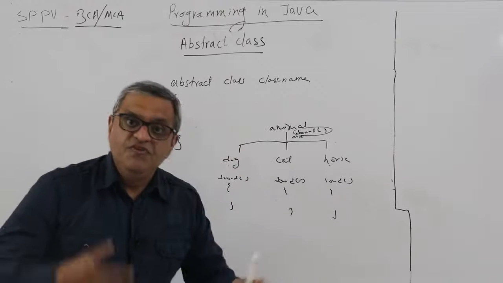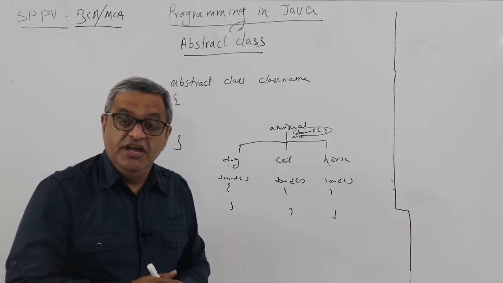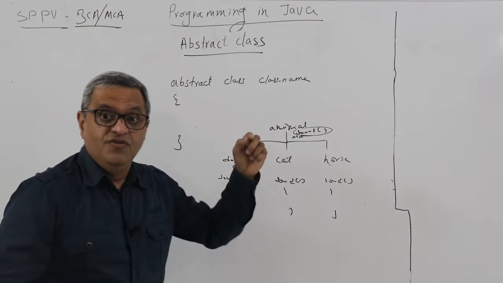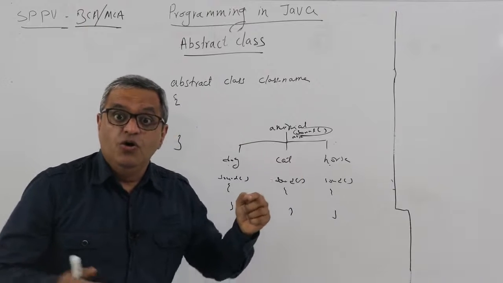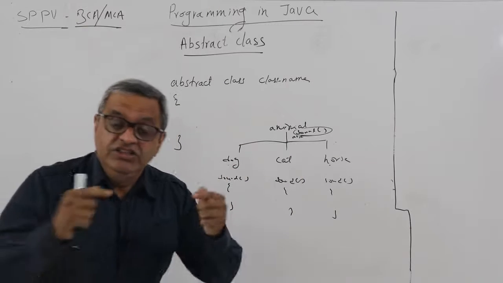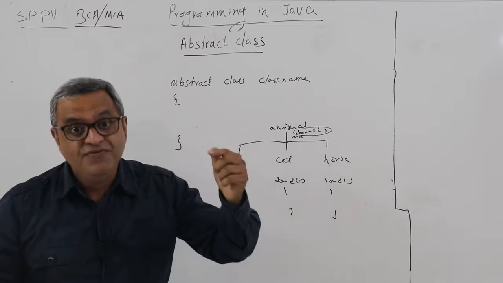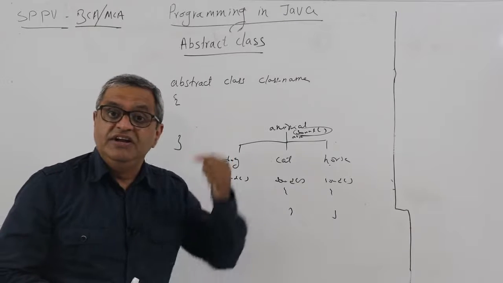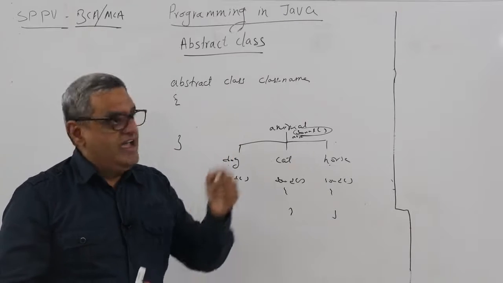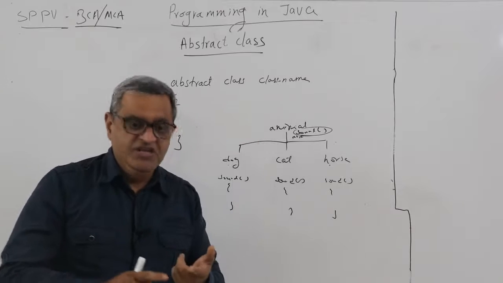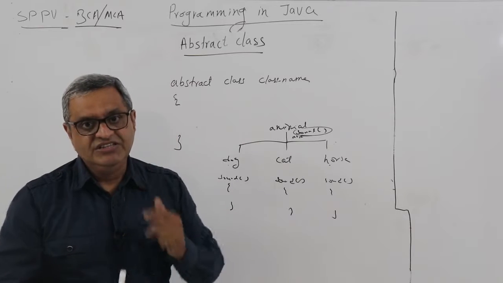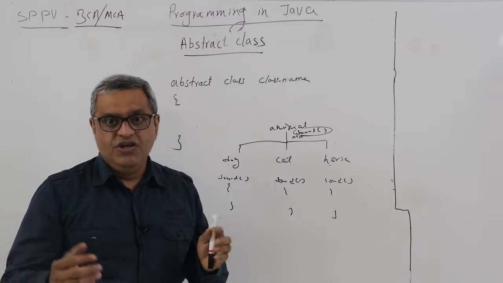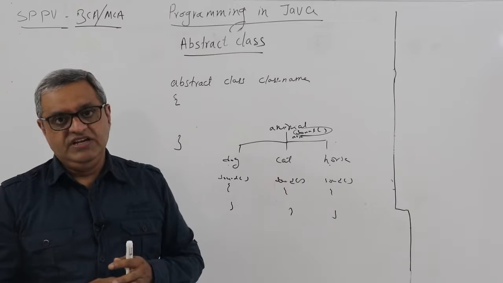So I am ensuring that I get a compile time error for not having an overridden method in the child class for every abstract method declared in the parent class. Hence the parent class needs to be abstract, and the child class must override the method or be abstract as well. This is one of the key advantages of having abstract classes.